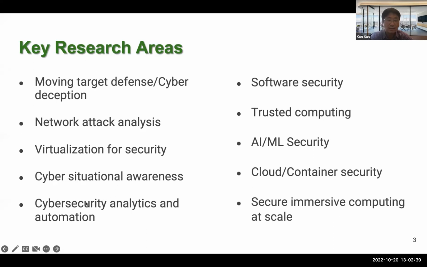We have one NSF IUCRC center working on cybersecurity analytics and automation. Today I will introduce some of our work on software security, and we also work on trusted computing, AI and machine learning security, and cloud container security.